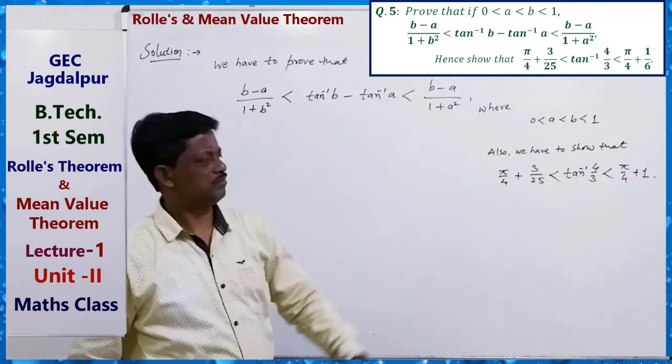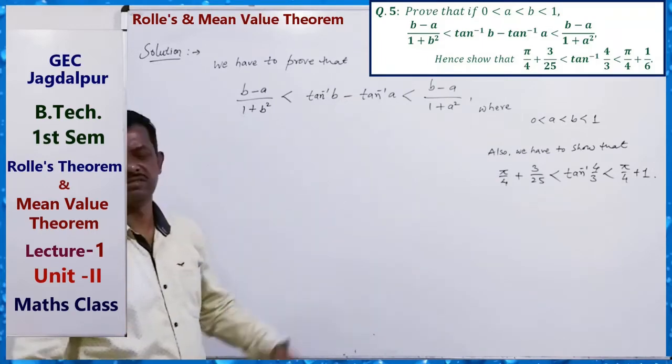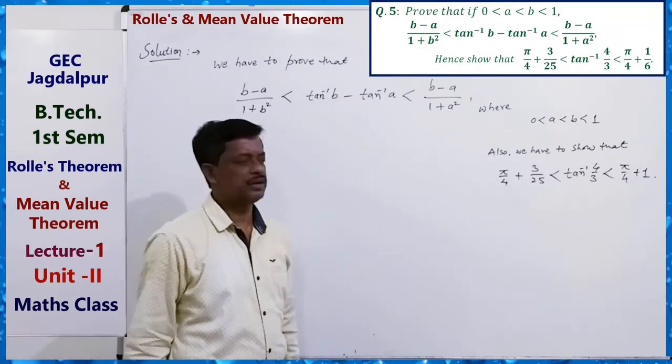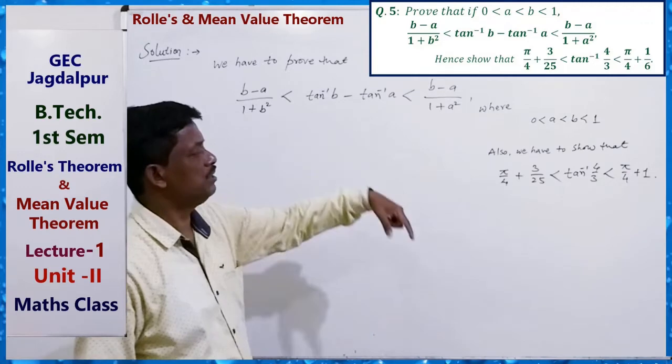It can be proved by using this result very simply, just putting some values for a and b.